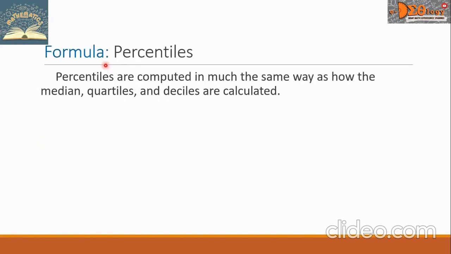Let us see now the formula for the percentiles. Percentiles are computed in much the same way as how the median, quartiles, and deciles are calculated. This is the formula.